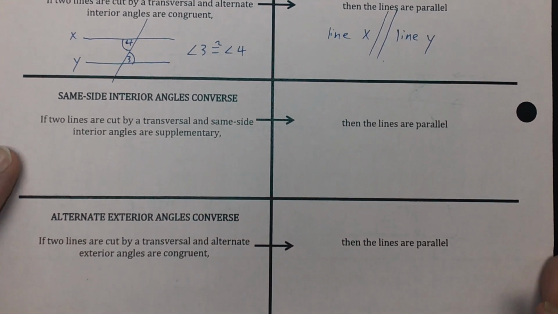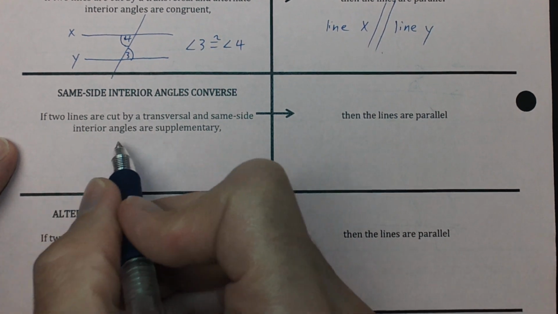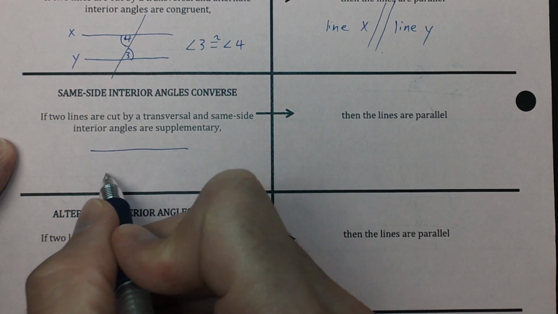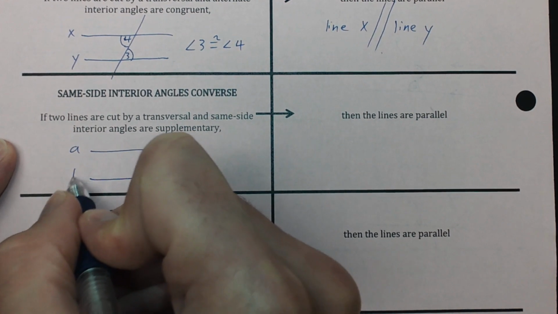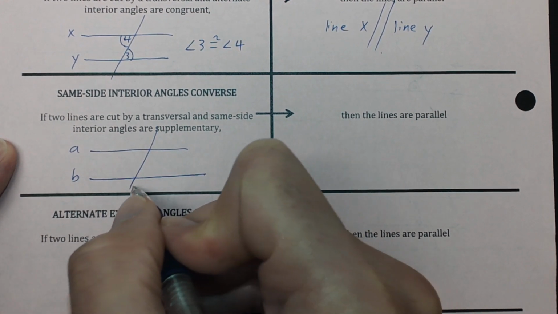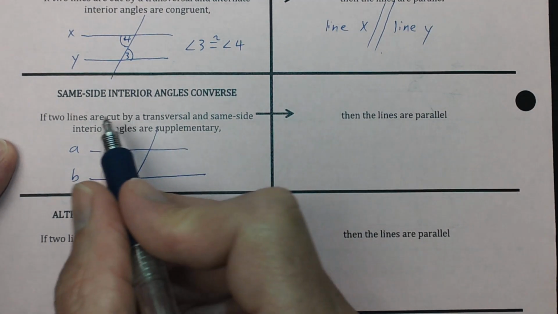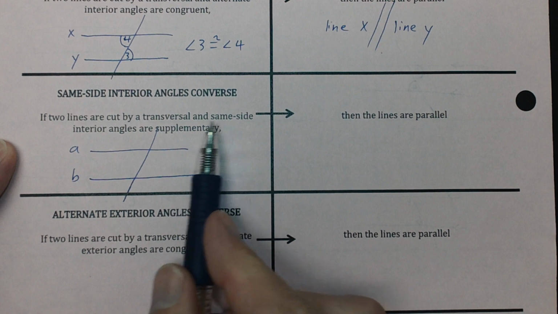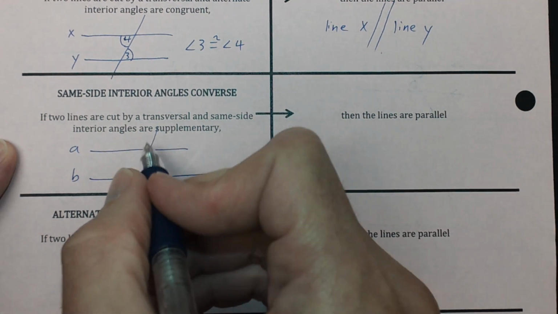Same side interior angles converse is dealing with same side interior angles, obviously. So let's say we have lines A and B cut by a transversal, and this converse says if 2 lines are cut by a transversal and the same side interior angles are supplementary, then the lines must be parallel.